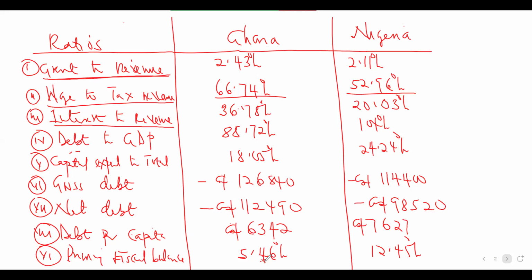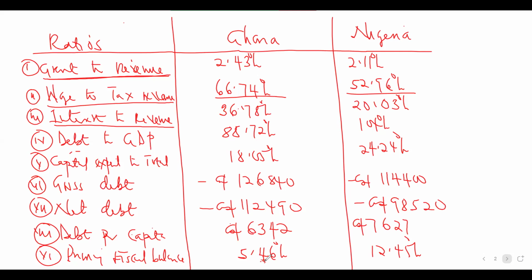This is because for the year under consideration, for the wage bill to tax revenue, Ghana is using 66.74% of its tax revenue to compensate the employees, as against Nigeria that is using 52.96%. It means that Nigeria is more efficient in controlling their payroll expenses as compared to Ghana.